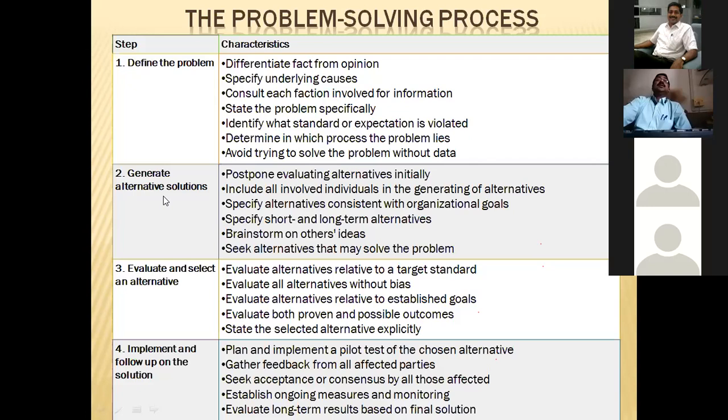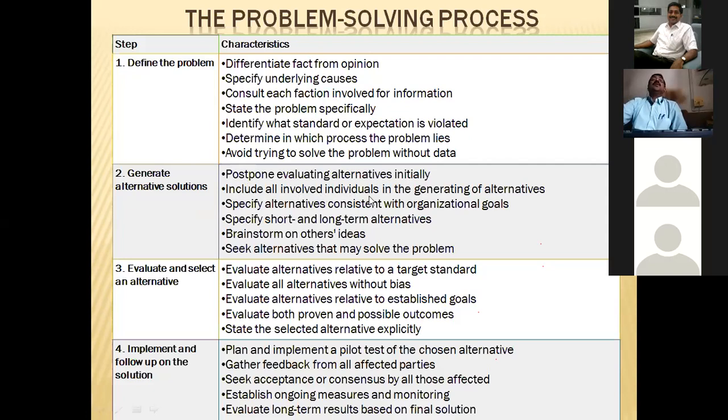The second, generate alternative solutions. The characteristics are: postpone evaluating alternatives initially. We cannot postpone the implementation of these alternatives on the solution.